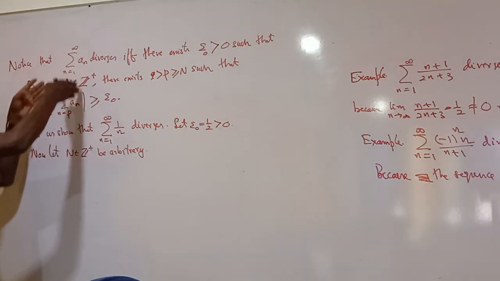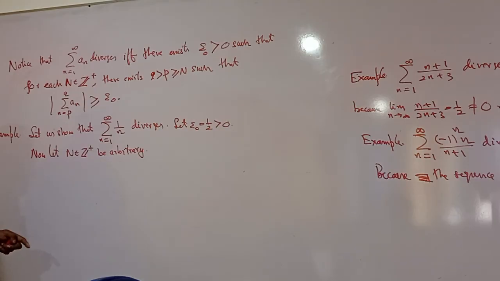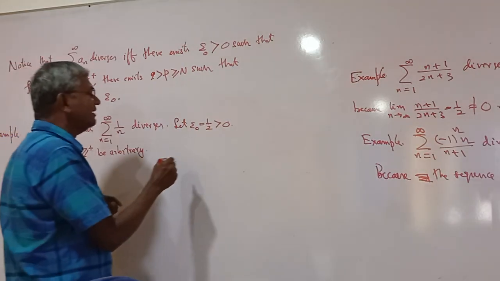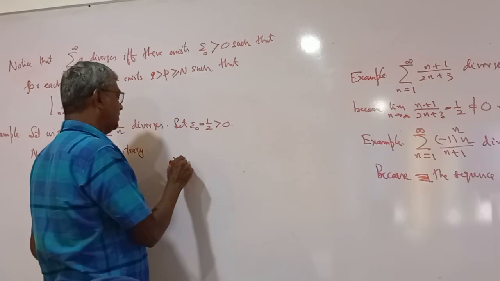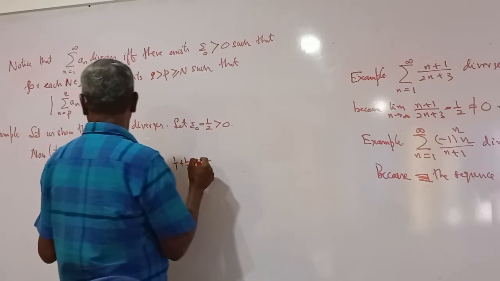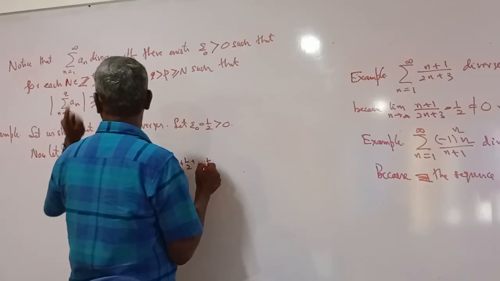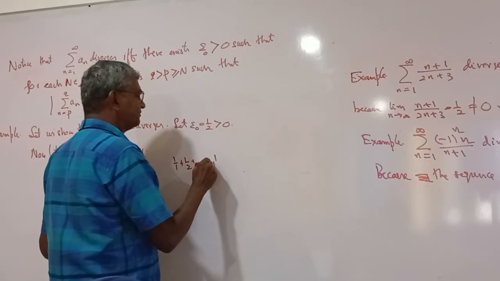When I add, for 1 over n you don't need the absolute sign because it is positive, the sum is greater than or equal to 1 half. Assume that I proved it, but what is happening here? You have 1 over 1, 1 over 2, and so on, and somewhere you get capital N.